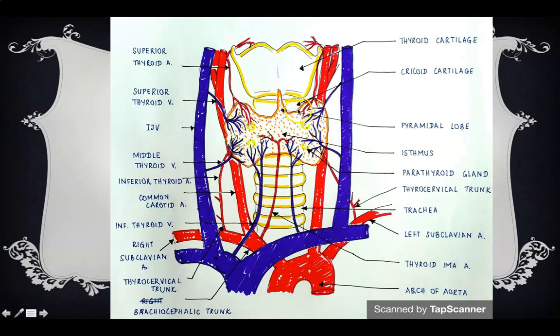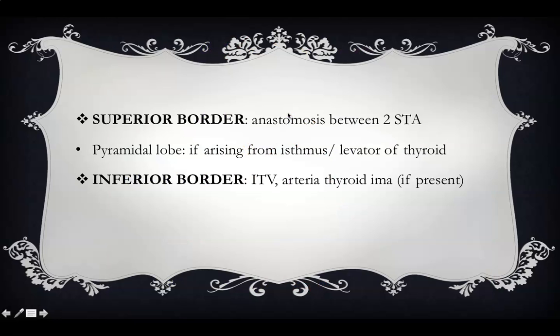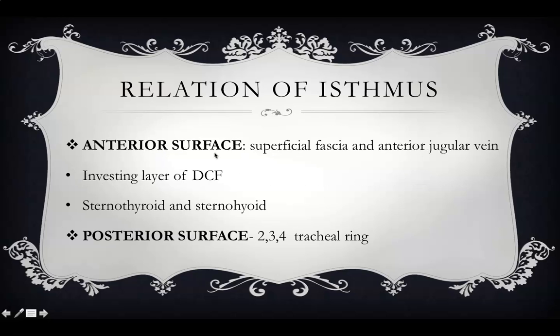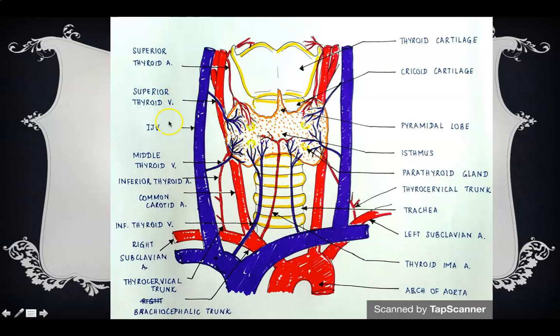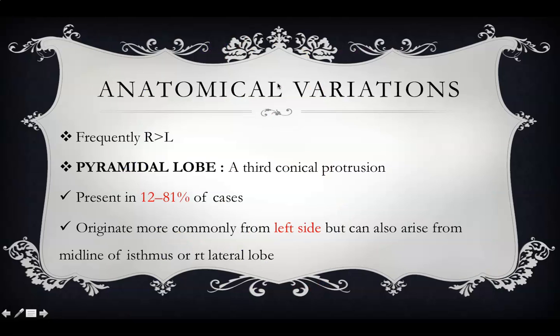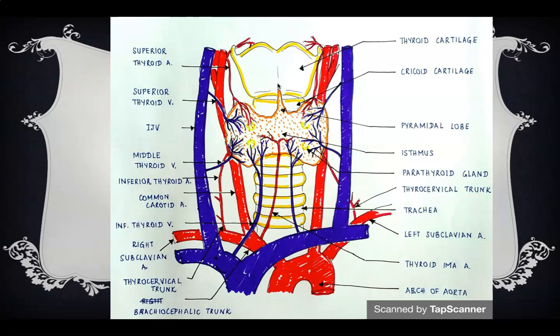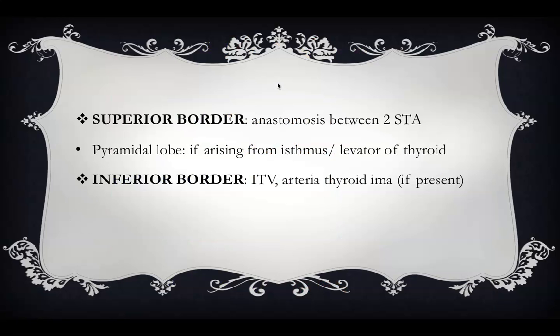So here we'll have the anastomosis of the superior thyroid artery, and then we have the pyramidal lobe that is arising from the isthmus, and the levator of thyroid.